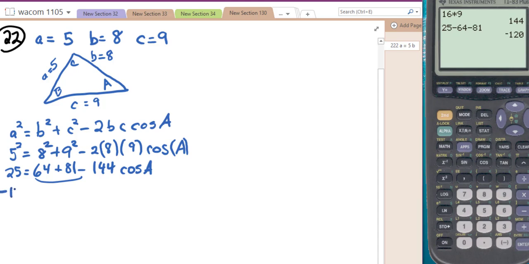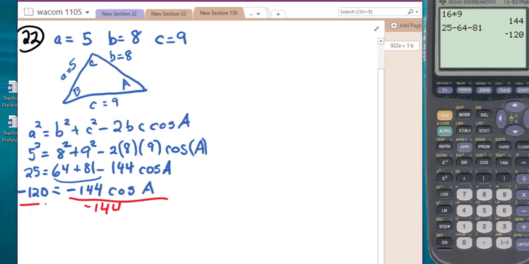Negative 120 equals negative 144 cosine of A. You're going to divide on both sides by negative 144. The negatives are going to divide out, and so we have 120 over 144. You don't really need to divide that out.